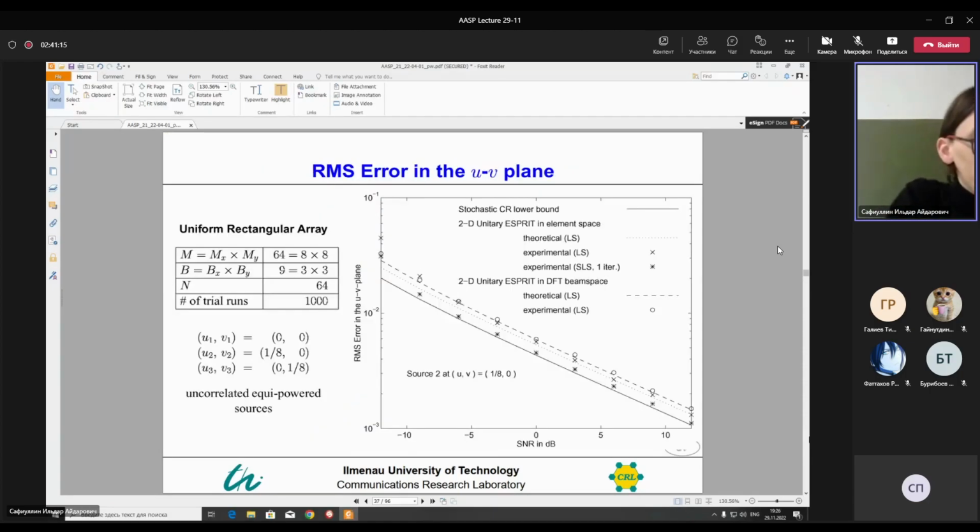Yes, I think these. So it is our simulations where the number of beams is equal to 9, the number of elements is equal to 64, and the number of sources is equal to 3.